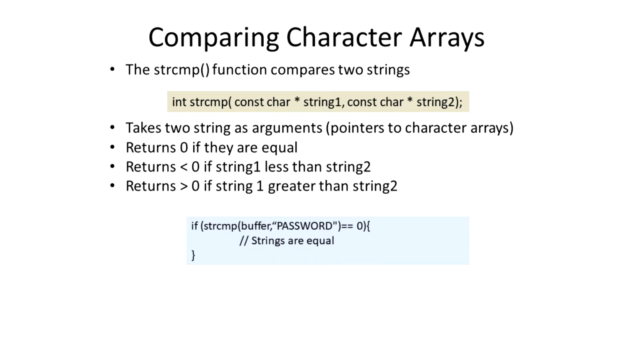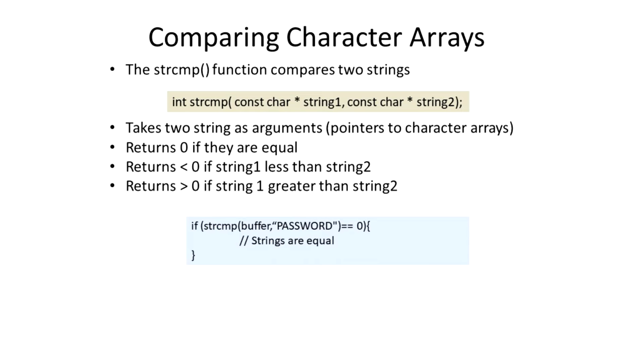So I can only assume that it's actually adding up the individual numerical values for each of the letters within the string or the character array, and then seeing what the total number is of that string or character array, and then comparing them against each other. All right, so here what we're doing in the blue box is we've got a conditional statement, and we've embedded the call to strcmp within the comparison here.